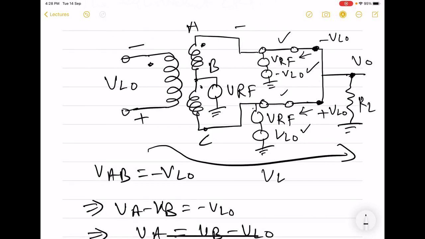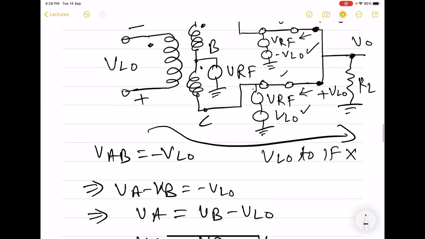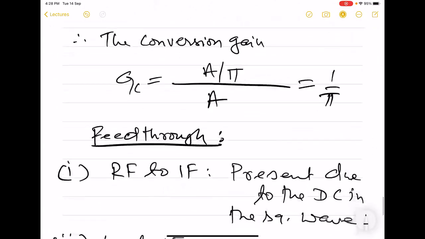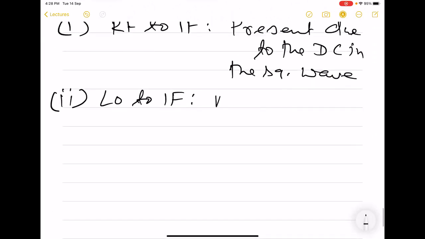So here also we see that LO to IF is not present. So this is absent because the port is either isolated or it is connected simultaneously to the plus LO and minus LO.